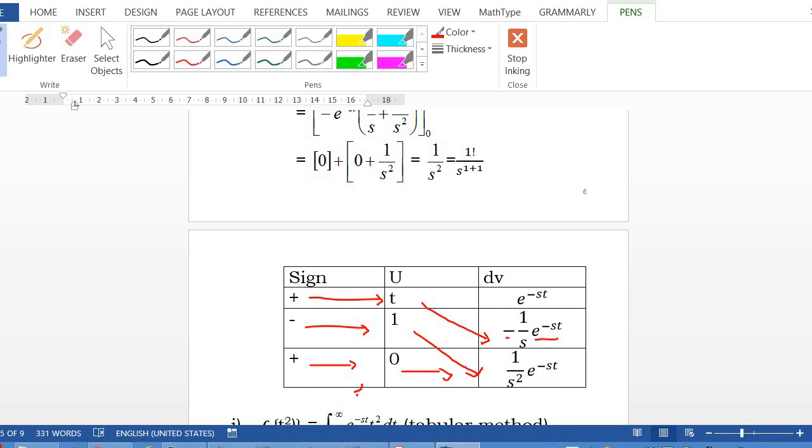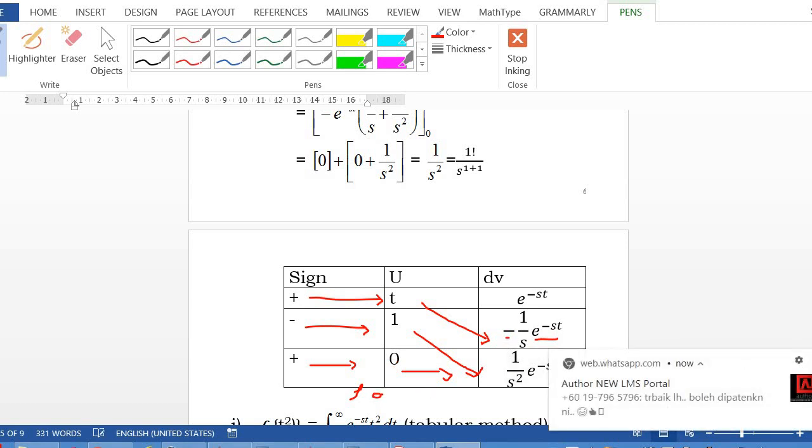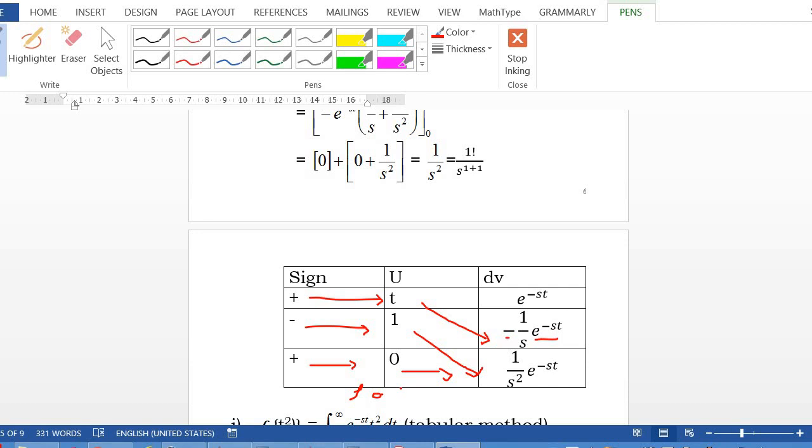It means the horizontal, so integrate 0 times this one, and 0 times 1 over s squared exponent negative st dt, where this is 0. That's why we just take the slanting row as the result of the integral, because the horizontal here you have u double prime equal to 0, so you get integrate 0, which is 0.